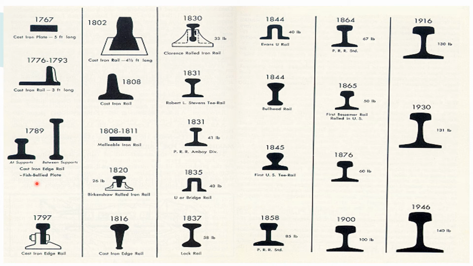In the year of 1797, these types of cross-sectional view of the rail track is used, which is made from the cast iron edged roll.